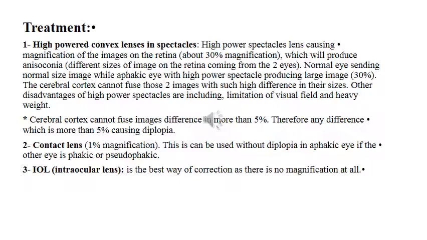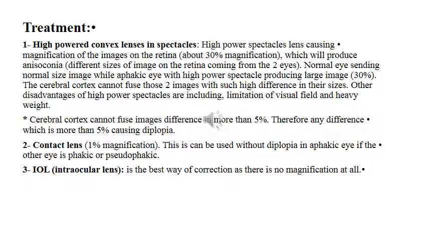High-powered spectacle lenses usually cause magnification of image on the retina by about 30%, which will produce what we call anisoconia. We usually use glasses with high-power convex lenses only for bilateral aphakia for this reason.